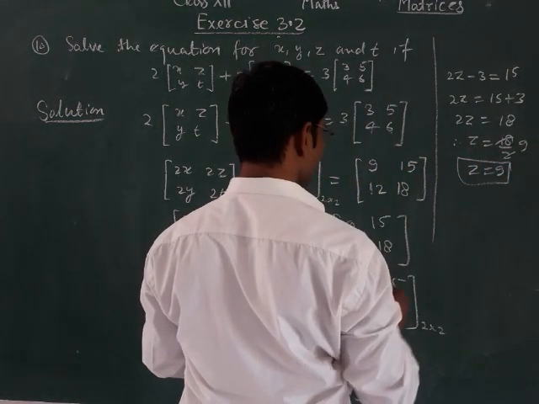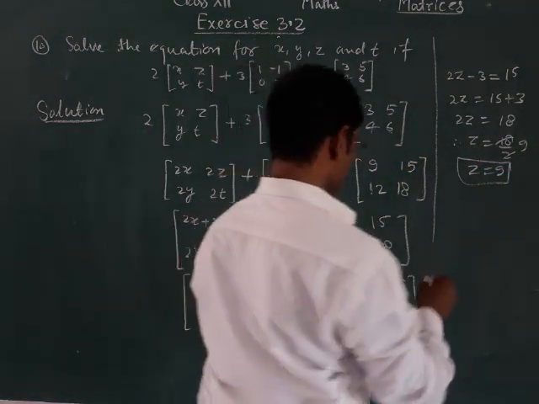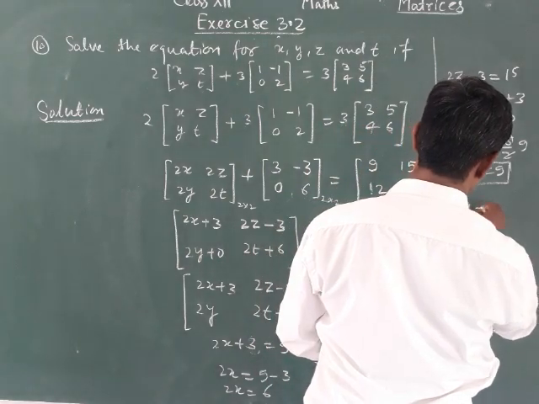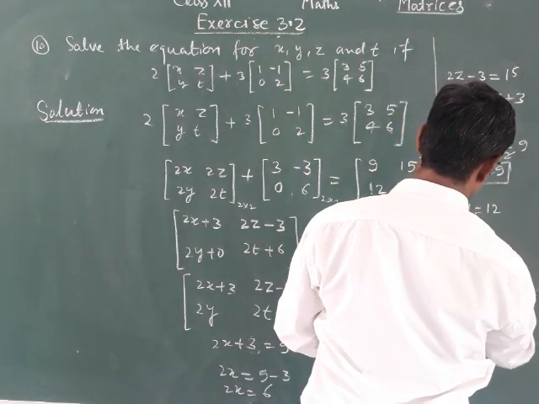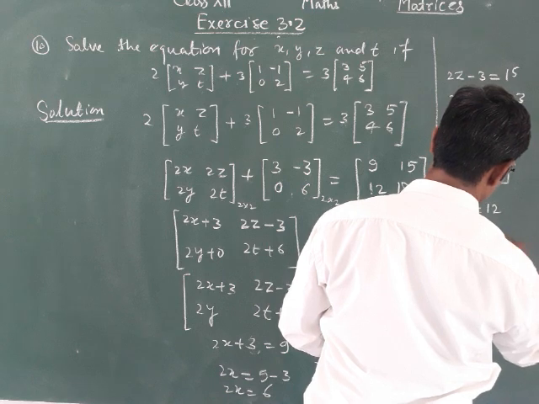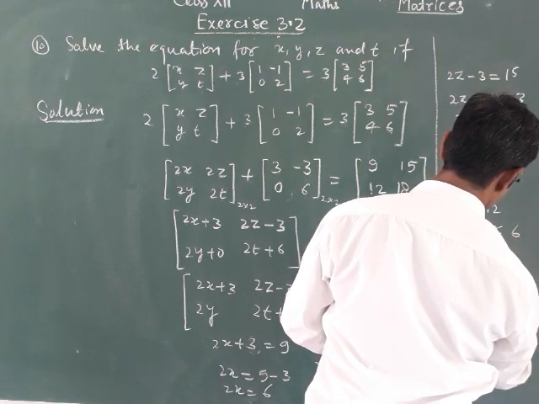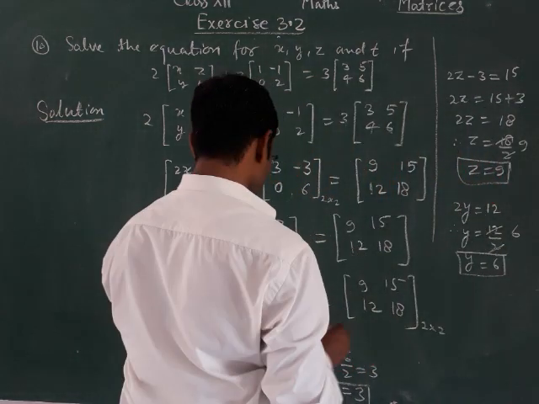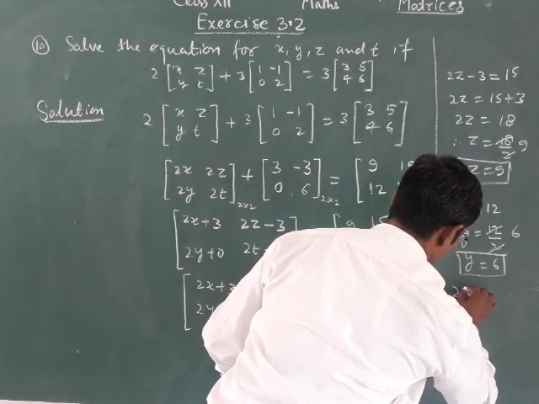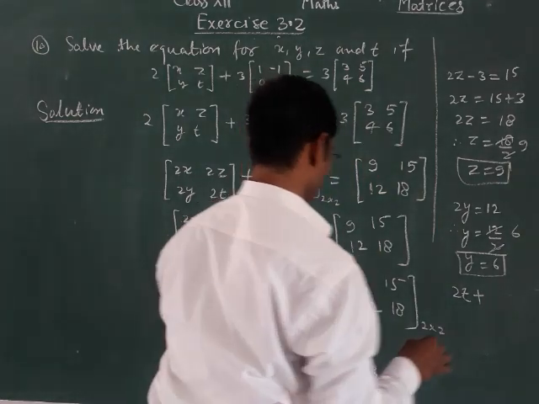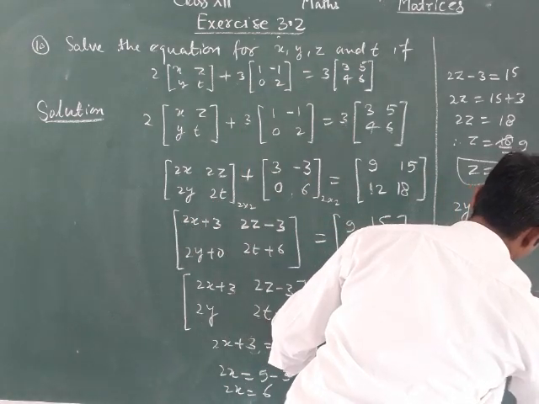So 2y is equal to 12. Therefore y is equal to 12 upon 2, which is 6. Y is equal to 6. And 2t plus 6 is equal to 18.